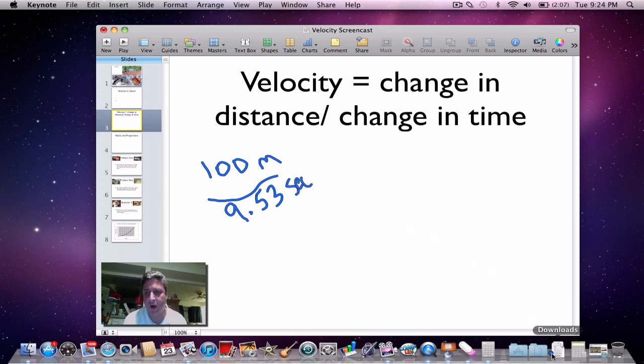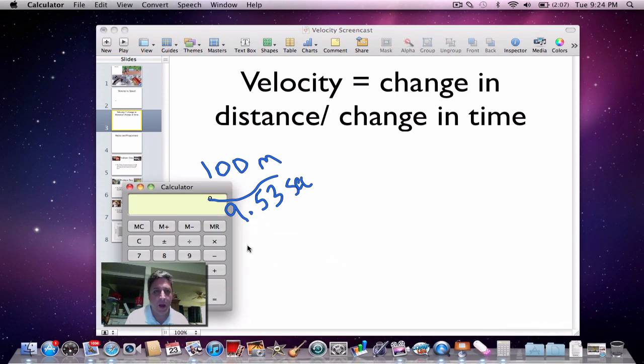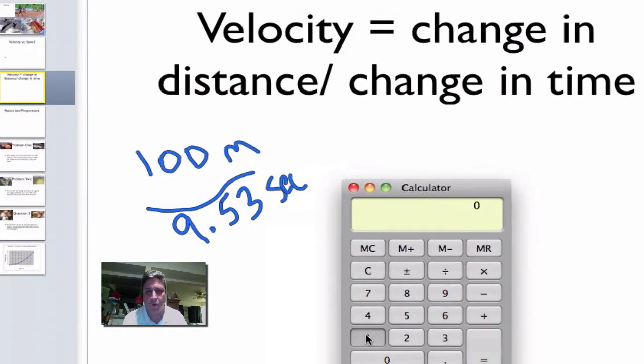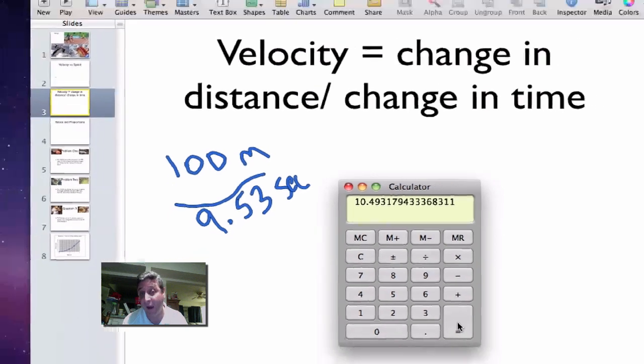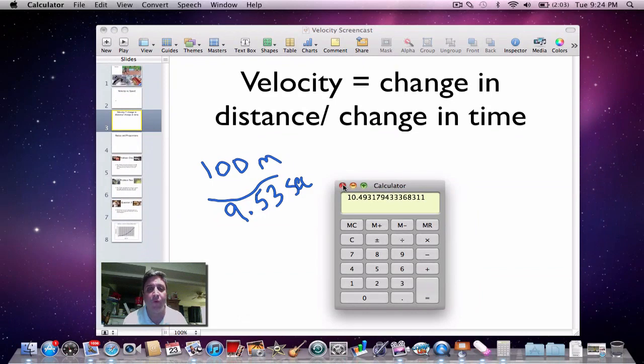So if I come over here and I pull up my calculator and I go, let's take this over here, 100 divided by 9.53, I get 10.49, okay? 10.49.